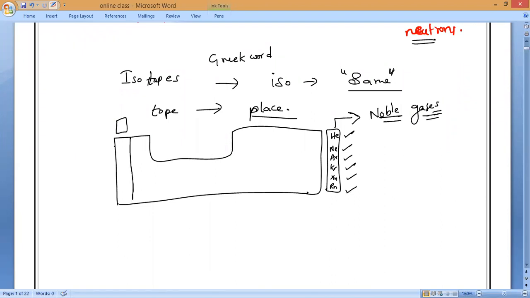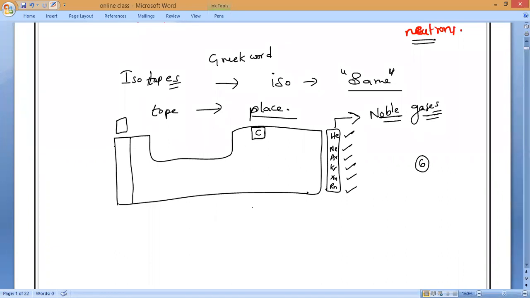Now, what do we mean by isotopes? For example, we all know carbon. What is its atomic number? 6. So it will come in that same particular place. Maybe it has a different mass number.